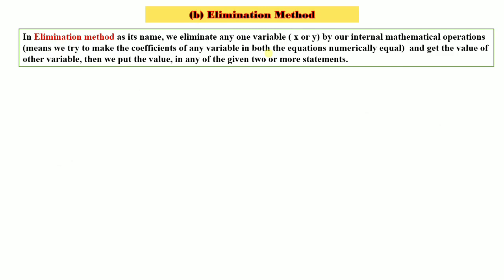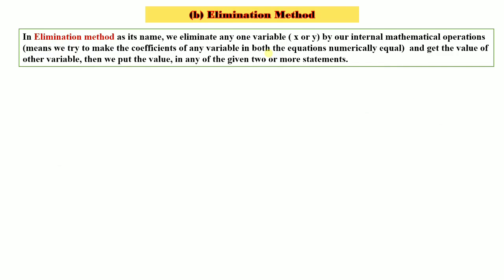When we equate it, if they have the same sign, means both are positive or both are negative, then we will subtract the equations. Otherwise, if they have opposite signs but are numerically equal, then we will add, so that any of the variables is eliminated, cancelled, deleted.